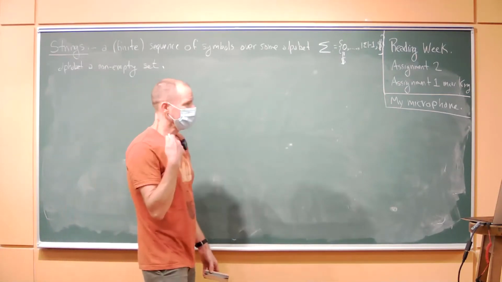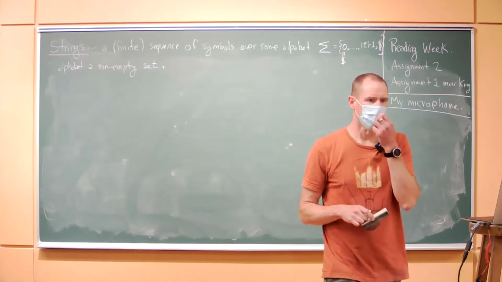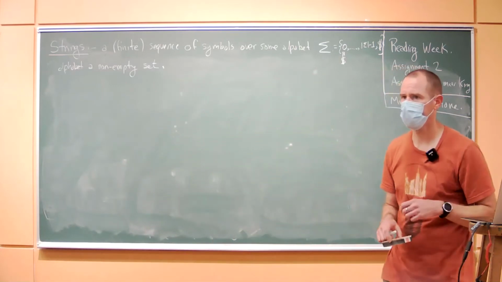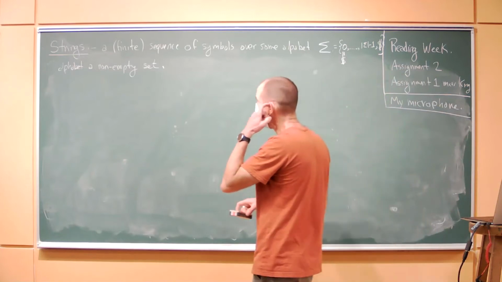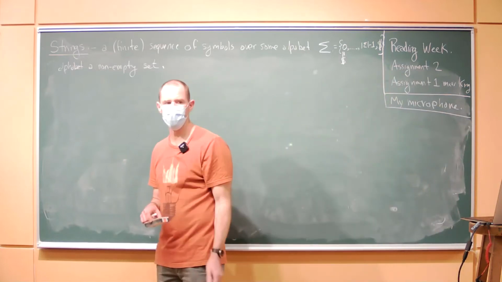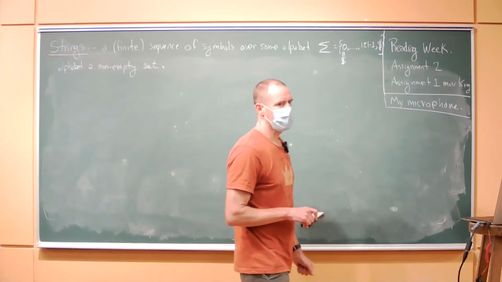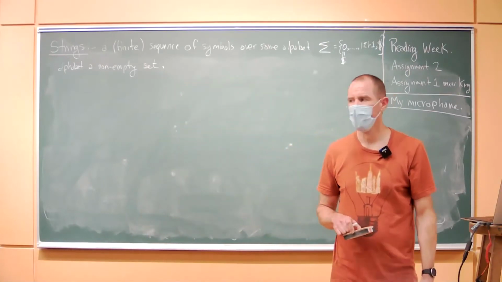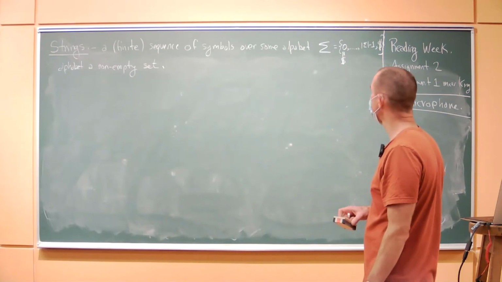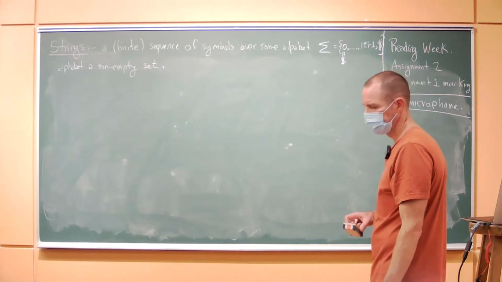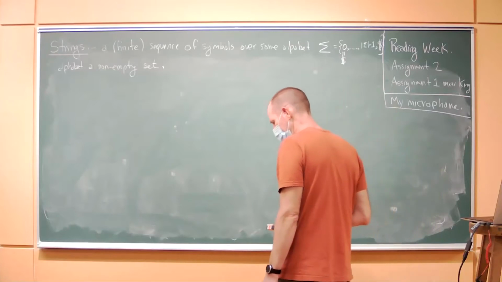Okay, so a string, we all sort of know what it is. If you've done any programming of almost any type, you will have encountered these strings. But something you may or may not have given much thought to is how these things are represented.